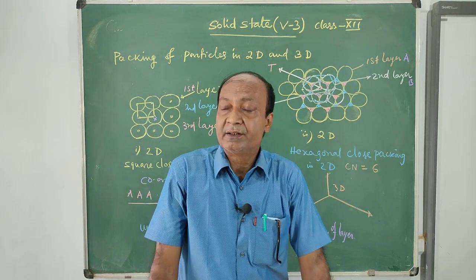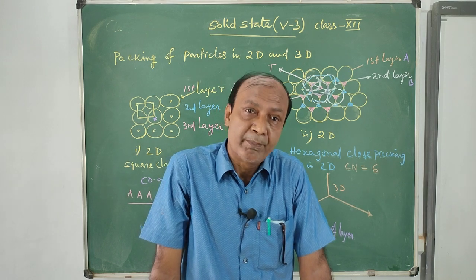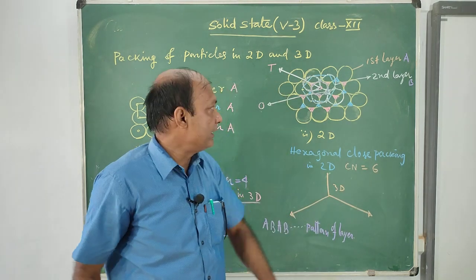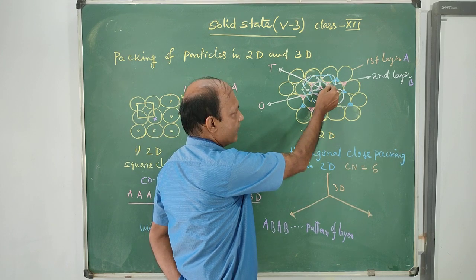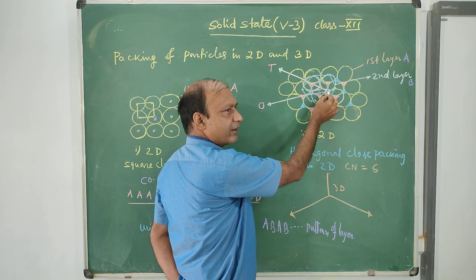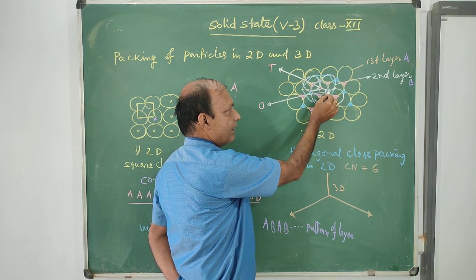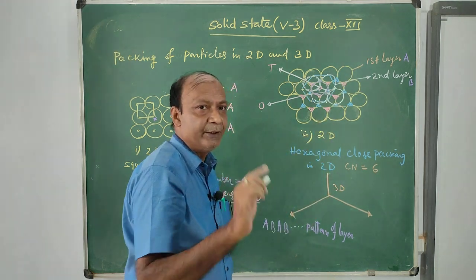So when you construct the third layer by putting the layers on the depressions marked by O, that will be a new layer C. Why is it a new layer? Because if you put a particle here, its center is not lying vertically above the center of the particles of the second layer or the center of the particles of the first layer. It will be a new layer.